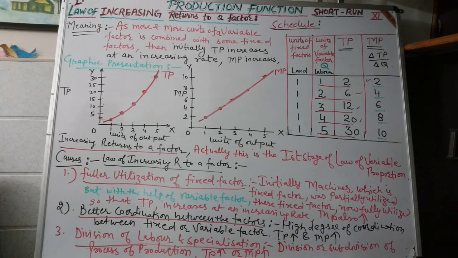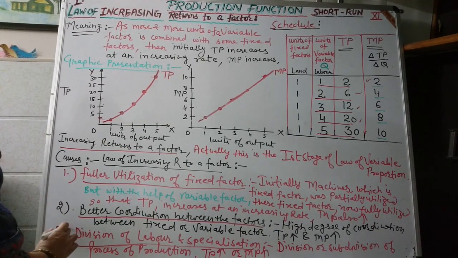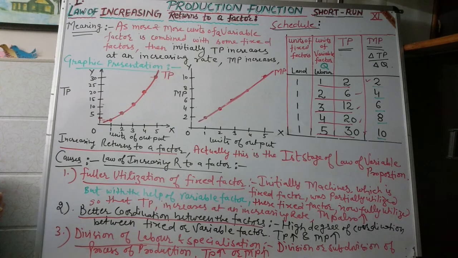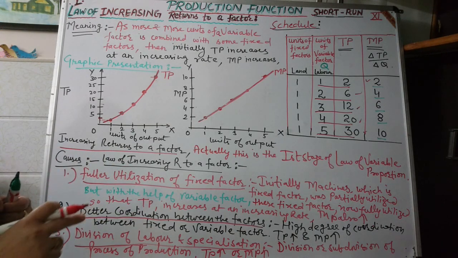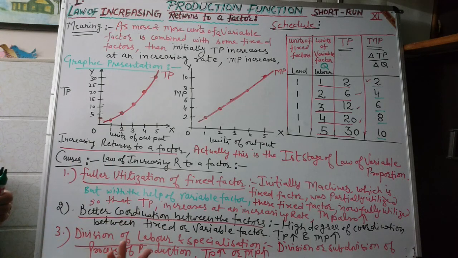Then better coordination between fixed and variable factors. And the third point is specialization of variable factors: production will be divided into divisions or subdivisions. That's why total production will increase and ultimately marginal production will also increase.